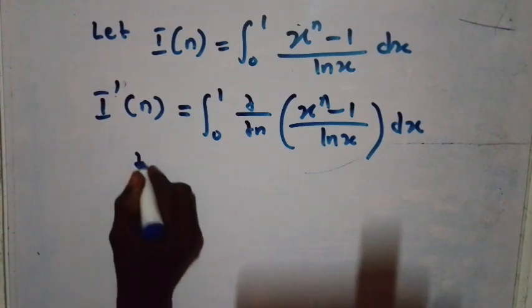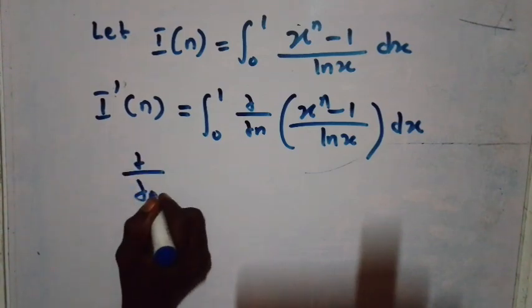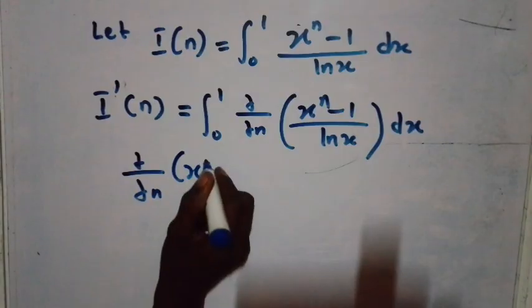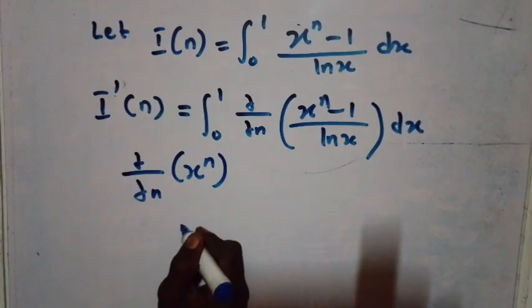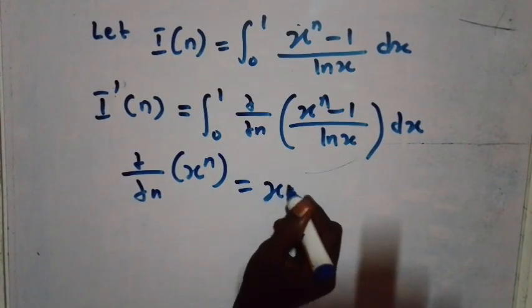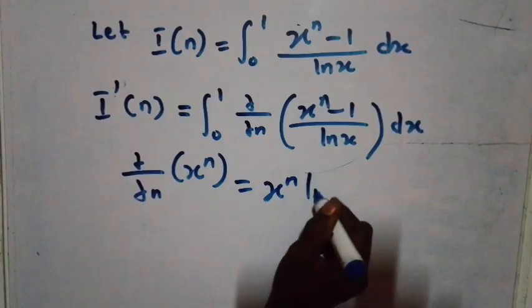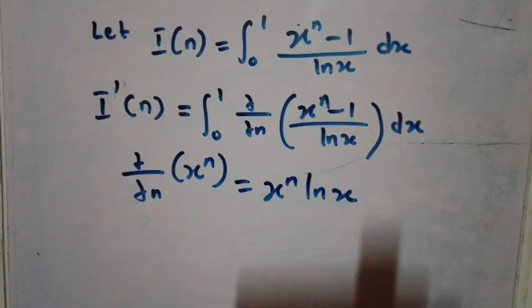And the partial derivative d/dn of x^n will be equal to x^n ln x.